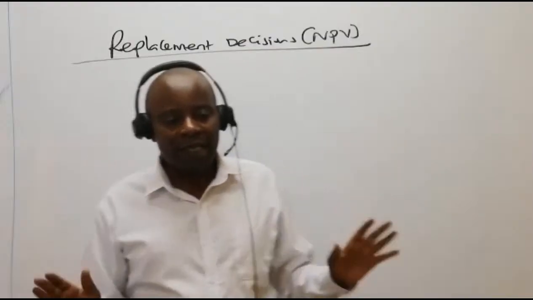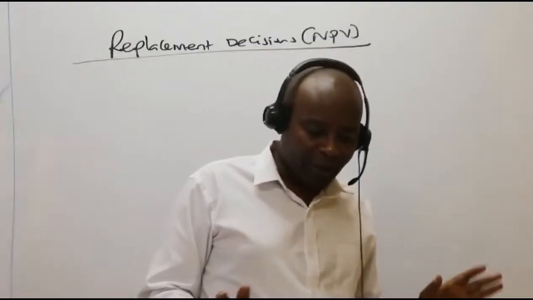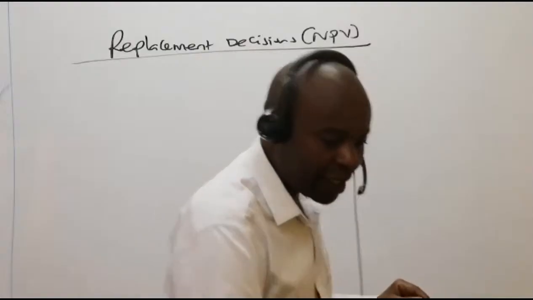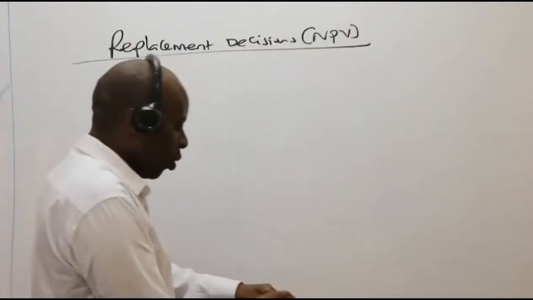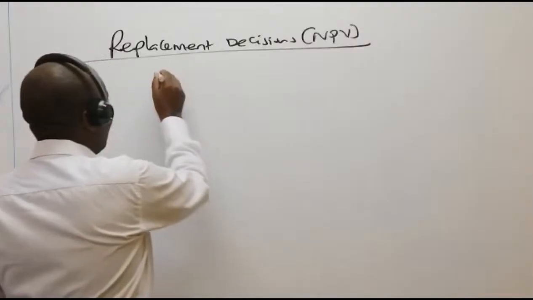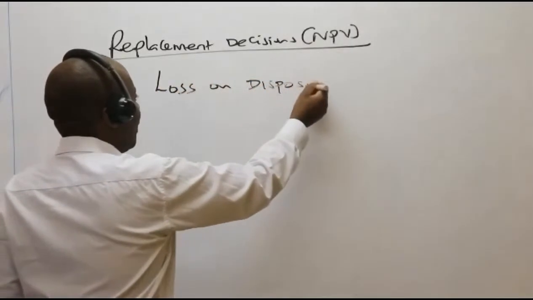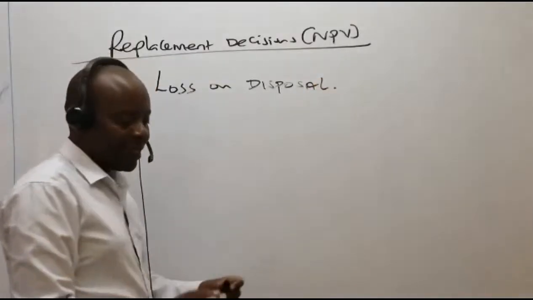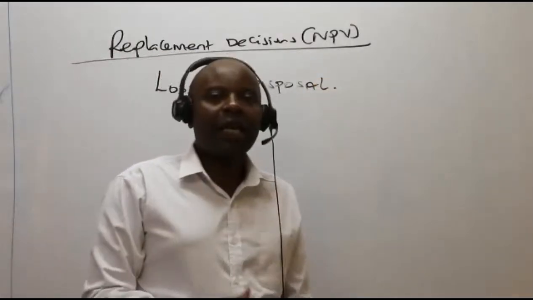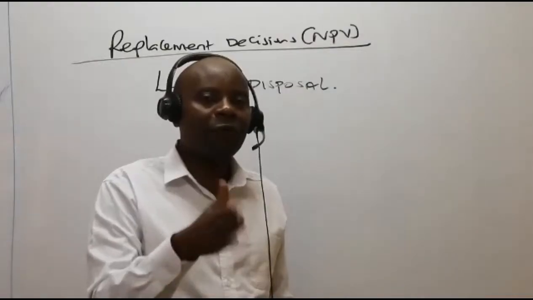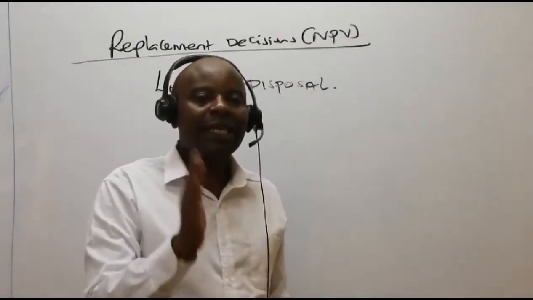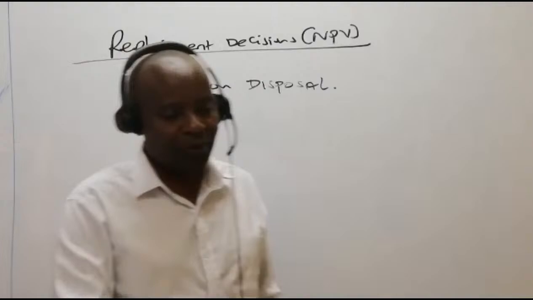The very first thing we will do is to calculate the loss on disposal. I'm telling you, you buy a machine today, a 10-year-old machine, and then at year number 5 you start selling it, chances are you'll make a loss straight away.